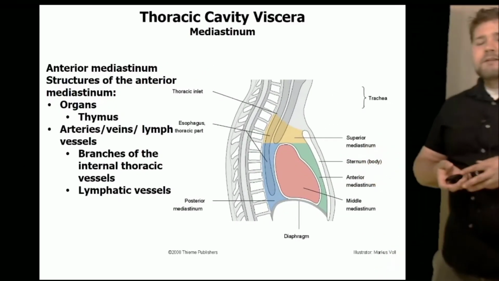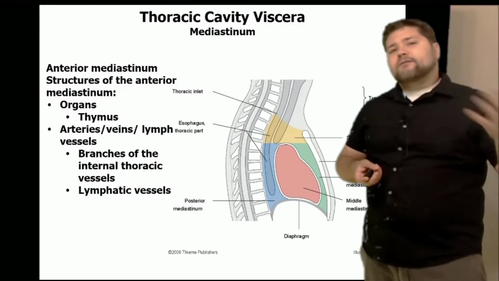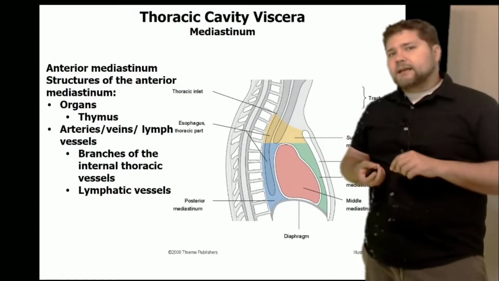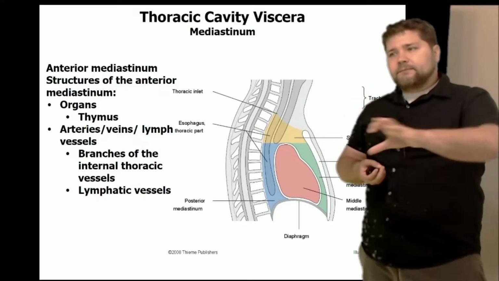All right, so we'll go into more detail in our fourth thorax lecture for the heart. For the time being, just stick a pin in the middle mediastinum, and let's talk about the anterior.